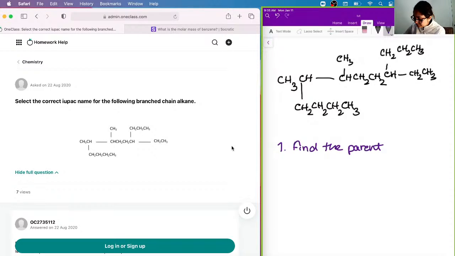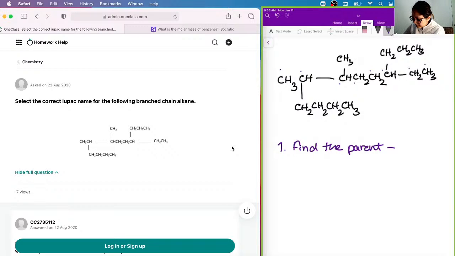We can basically count either way from the structure to find which one will have the most carbons. So let's start off with this end. If you count across, we have 1, 2, 3, 4, 5, 6, 7, 8. So we have 8 across.